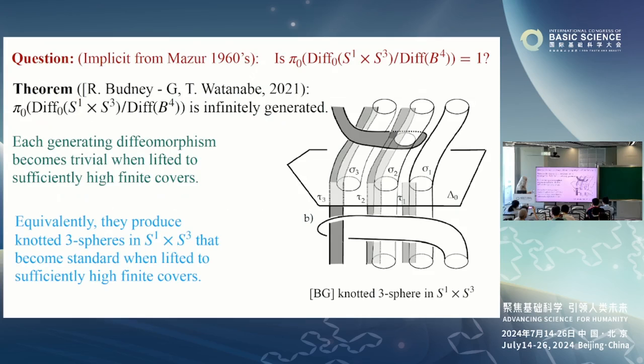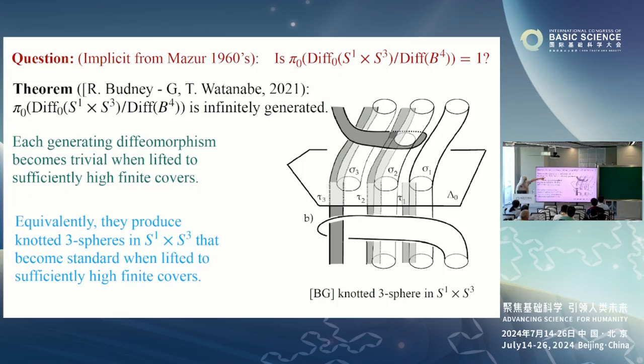So here's one more thing I need to mention, which is implicit from Barry Mazur's great work, also connecting spheres with Diff. Implicit is Diff of S1 cross S3 modulo Diff B4. Maybe there's only one element.